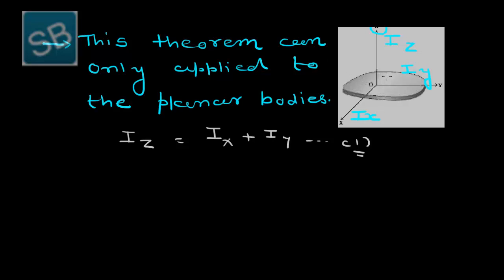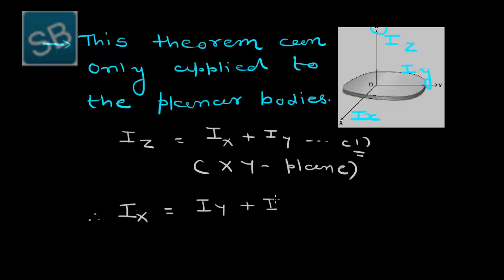In another way, you consider the planar body in zy plane or yz plane. Here you have considered it for xy plane. Now suppose you choose your planar body in the plane yz, and at that time the moment of inertia about the x axis is equal to Iy plus Iz.